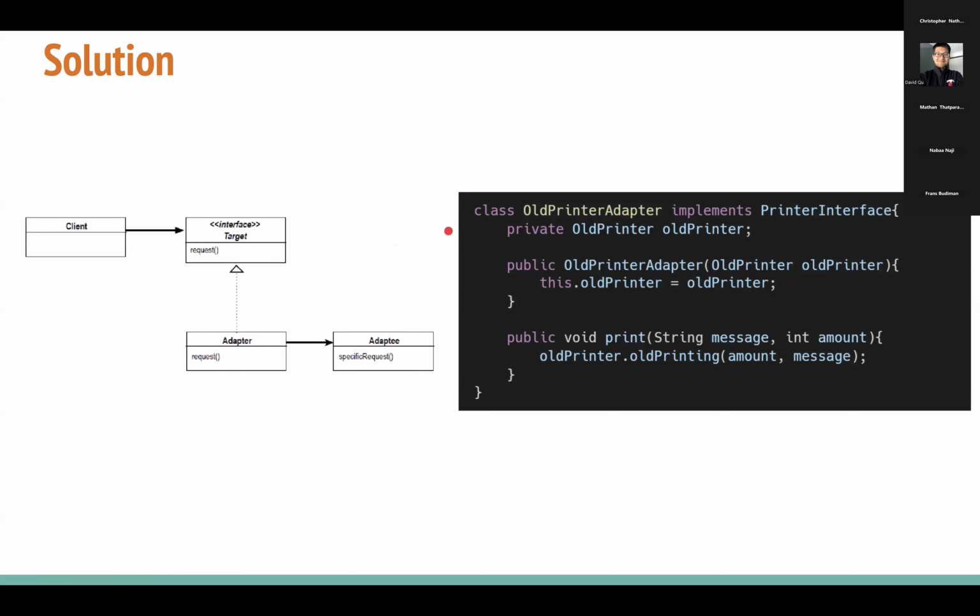Okay. So to answer the question, you just need to add this one class. You can call it OldPrinterAdapter, which implements the interface that we want to use. And then it has a field of the adaptee. The constructor just sets the adaptee field. And then you'll also need to implement the method in the interface.